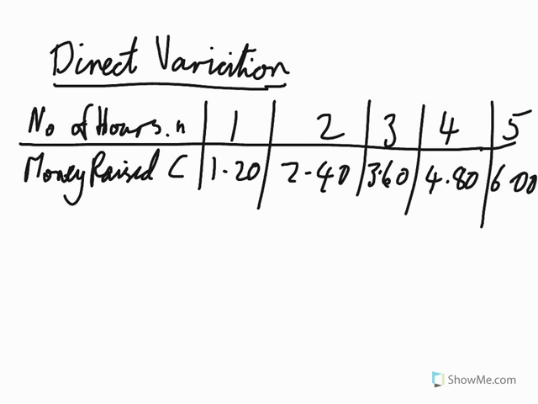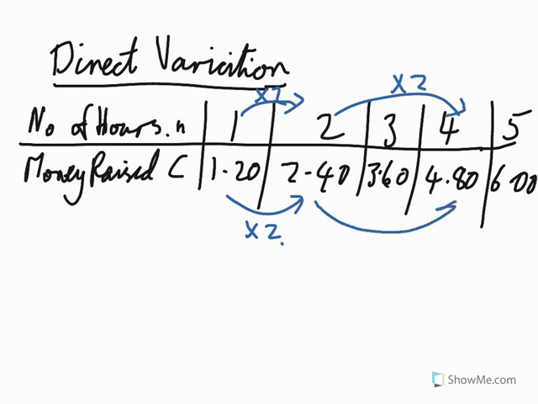Alright, so let's have a look at the variation. If we look between, say, 1 and 2 hours, we're multiplying by 2 here, and in this case we're multiplying the money raised by 2. Then from 2 to 4, that's multiplying by 2, and then $2.40 to $4.80, again that's multiplying by 2.